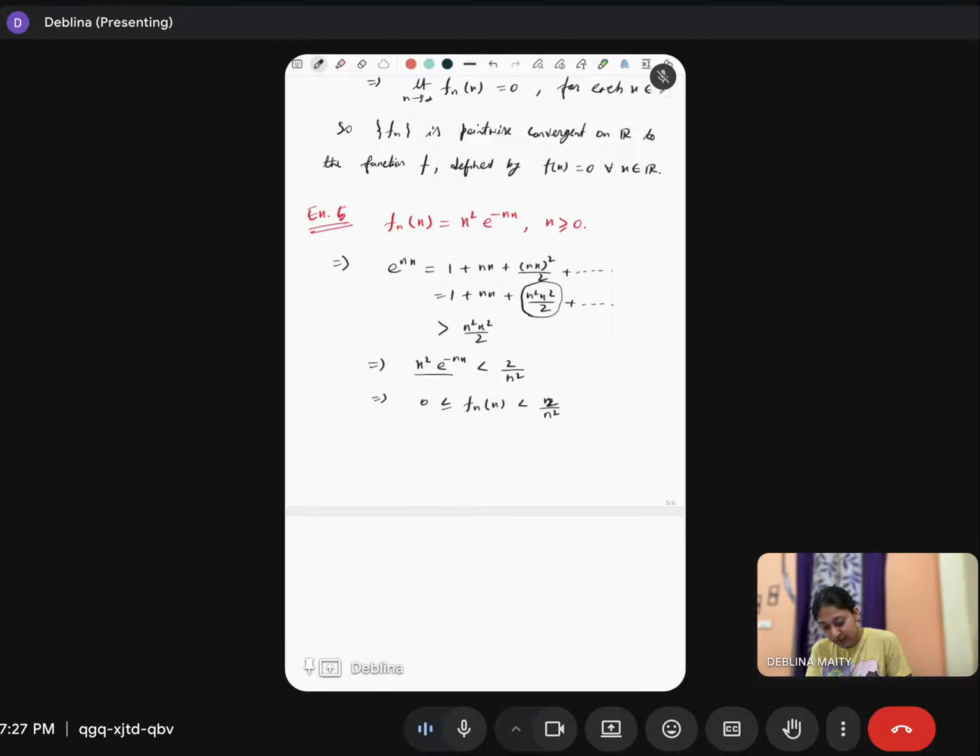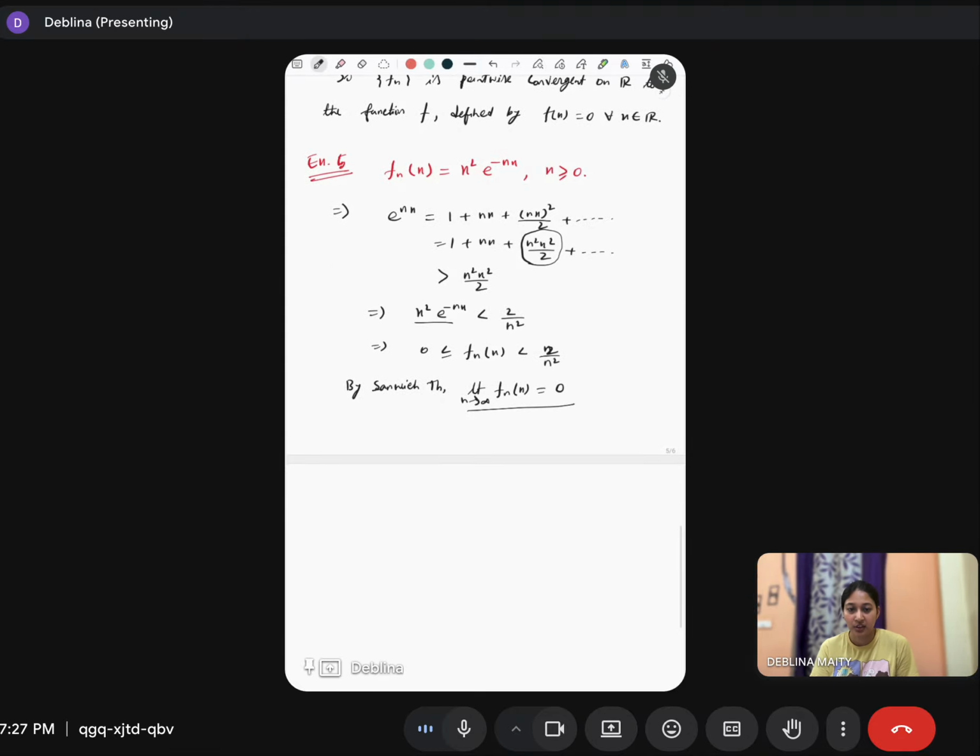So by the sandwich theorem, the limit as n tends to infinity of f_n(x) is going to be 0. So the limit function here is also the 0 function.